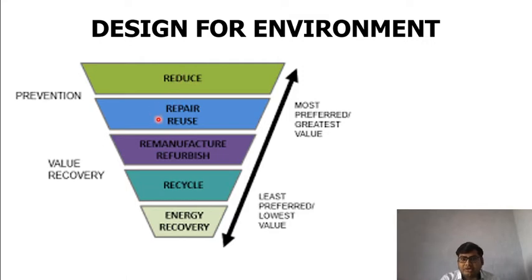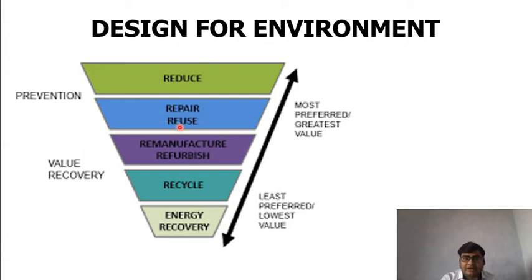Then there comes reuse. If it is necessary to use, we should try to also reuse it. For example, we should try to avoid plastic bottles as much as possible. But if we cannot avoid it, if we have to use plastic bottles, we should make sure that we can reuse those plastic bottles. We should not throw them away directly, because throwing them away directly will impact badly on the environment.